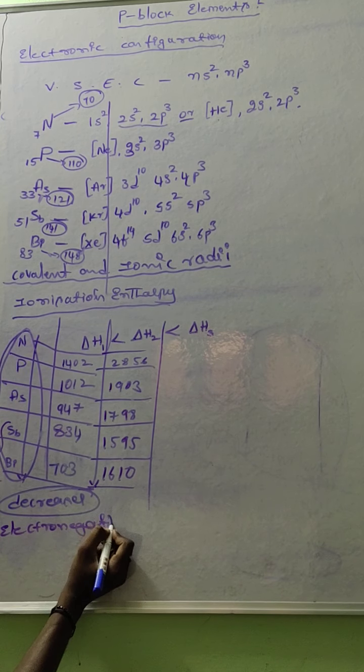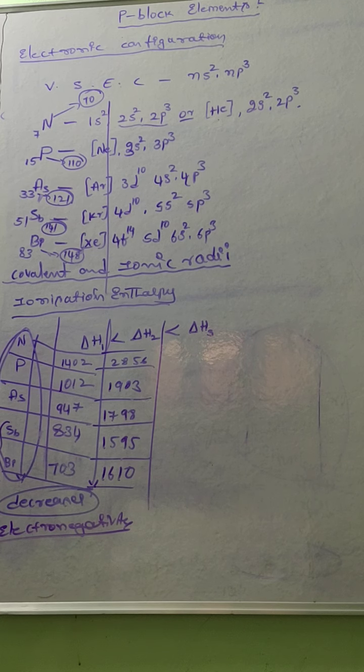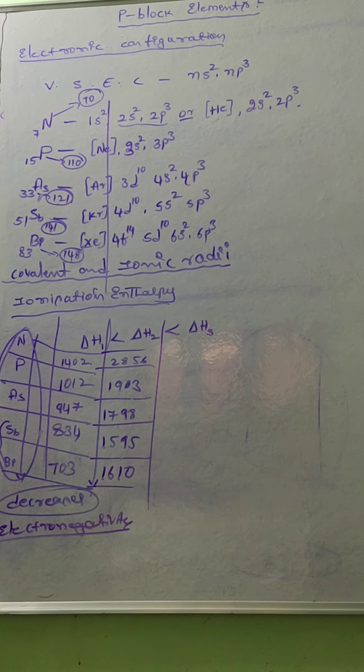Electronegativity is defined as the ability of an atom in a molecule to draw the shared pair of electrons completely towards itself. The atom to which the shared pair of electrons is completely drawn is more electronegative than the other atom.